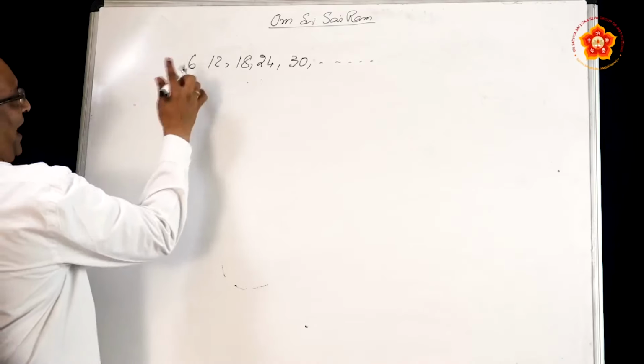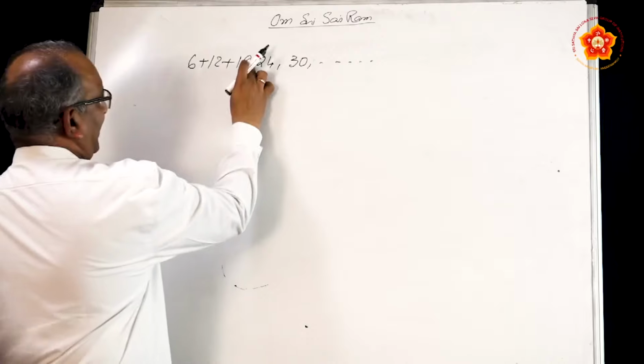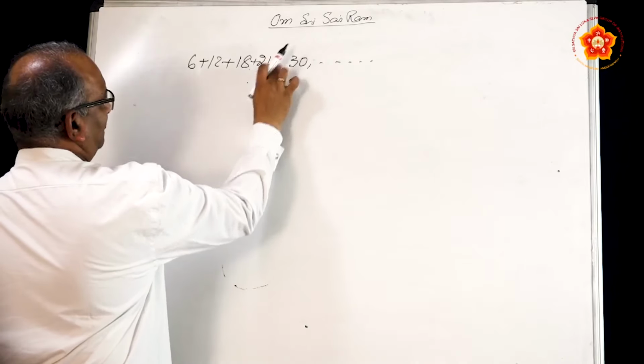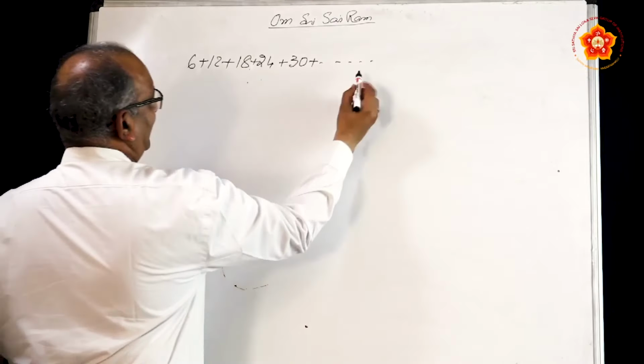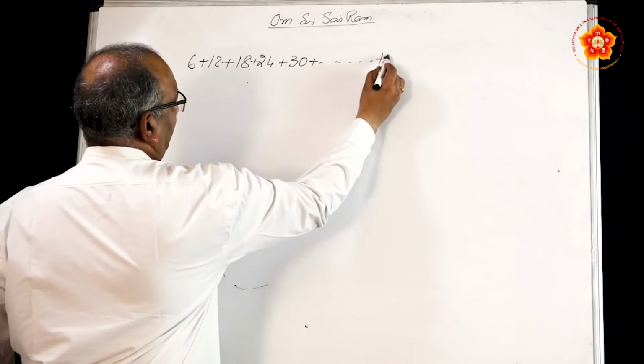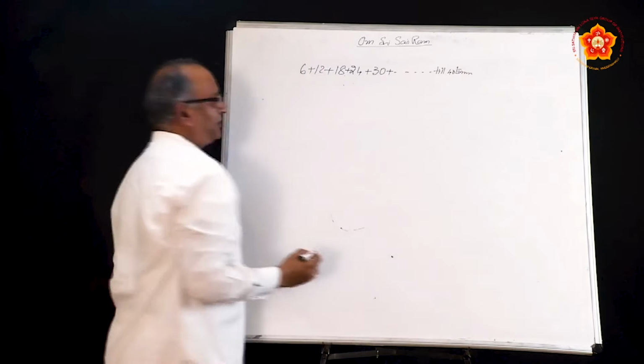He says find the sum, means we need to add them. So, 6 plus 12 plus 18 plus 24 plus 30 plus, and so on till 40 terms. We want to add this.